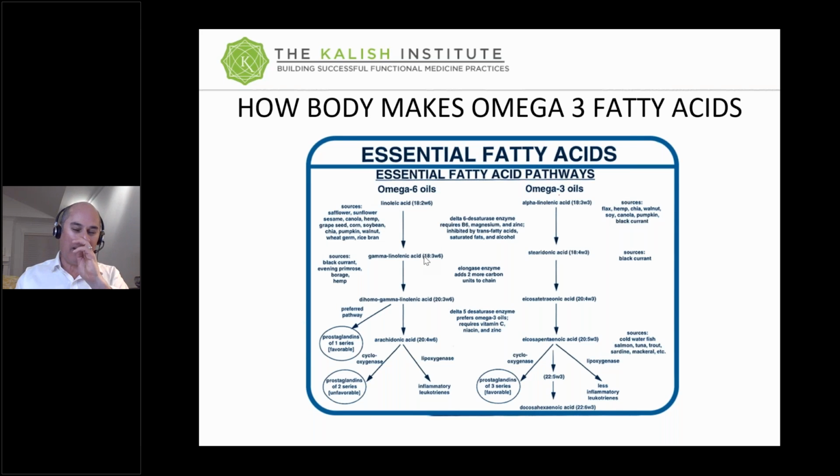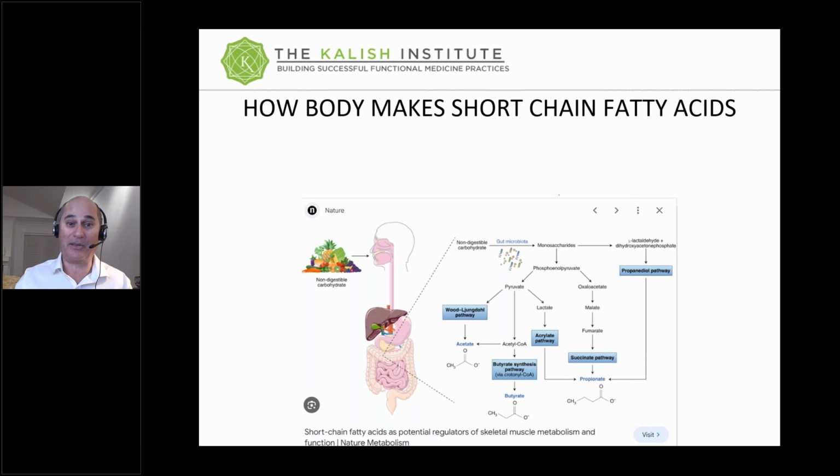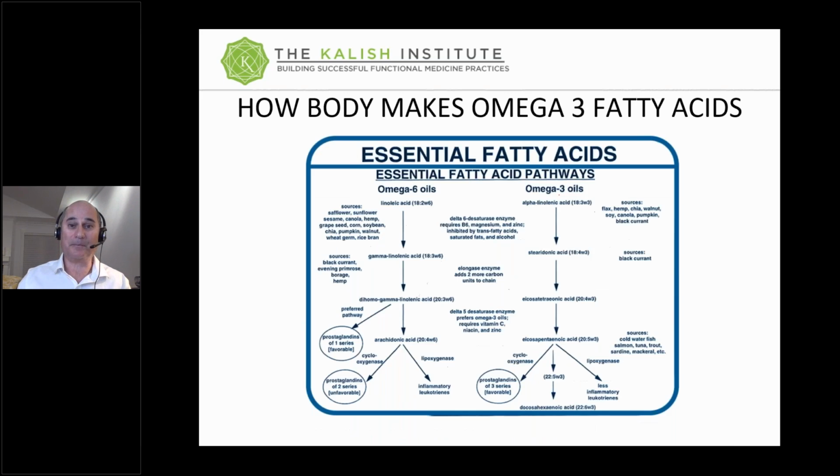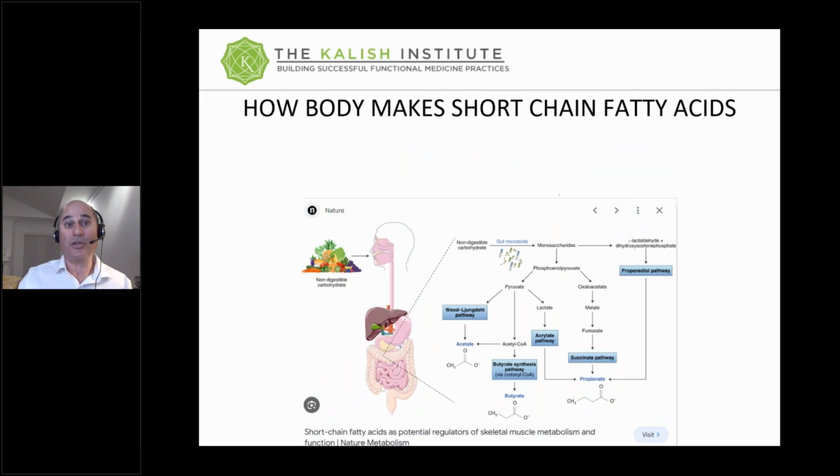Fatty acids, I just wanted to mention because it's kind of assumed that you're giving all these people fatty acids. You should measure their fatty acids, even if you don't test their fatty acids, just give them all omega-3 fatty acids. You really want to do that. And then it's not just the omega-3 fatty acids that are required for the brain to heal and repair, but there's also short chain fatty acids.